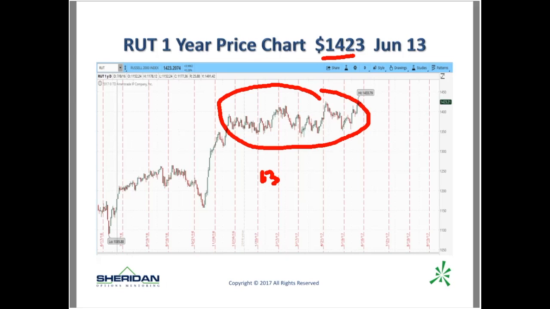Basically the entire year, right? Russell's been in a range of 1350 to 1433, which isn't that bad. You agree? We've had an 83-point range on a $1,400 vehicle for the whole year. That's not that bad, right? For income trading.